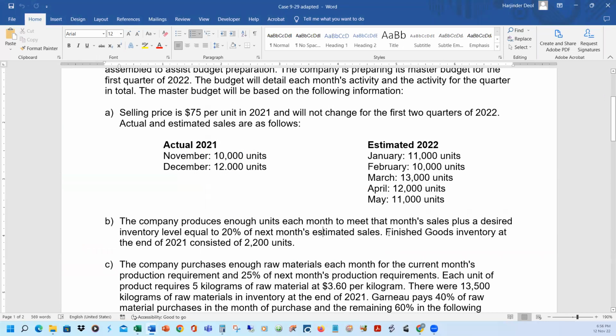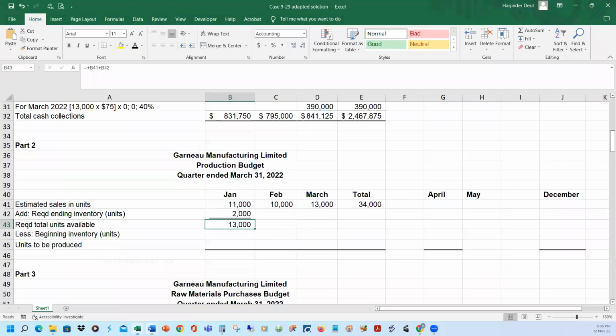Well, if we think about the company management applying their policy on a consistent basis, well, then December was the month preceding January. And if the company's management insisted on ensuring 20% of the following month's estimated sales, then they would have ended the month of December, right?